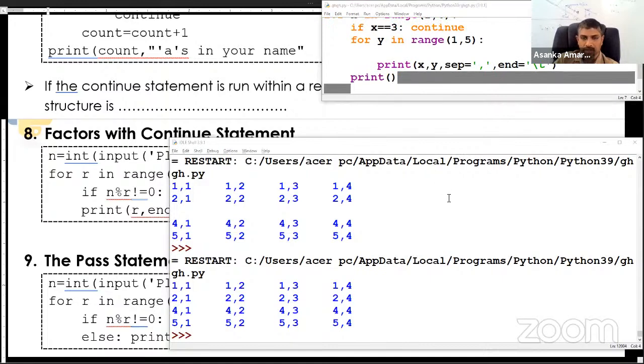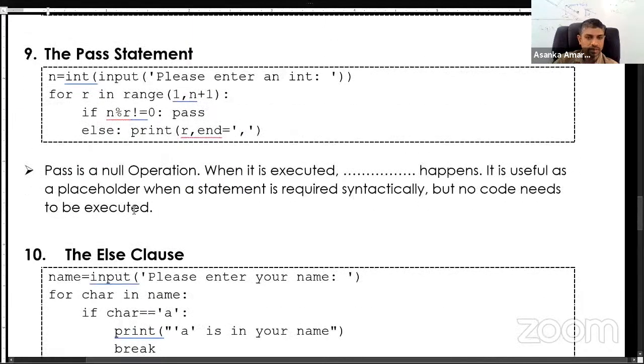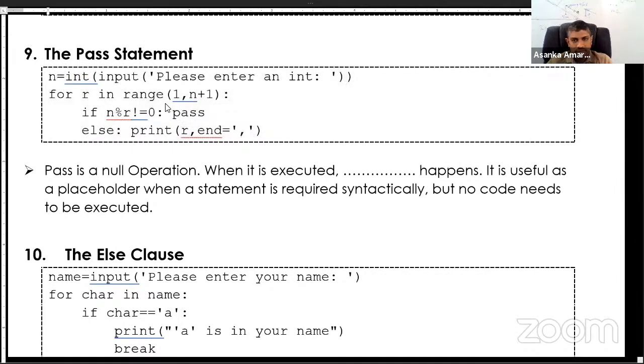Okay, I think you have some idea about it. Right. I have to discuss two more things. One is the pass statement. Now, look at this one, the pass statement.